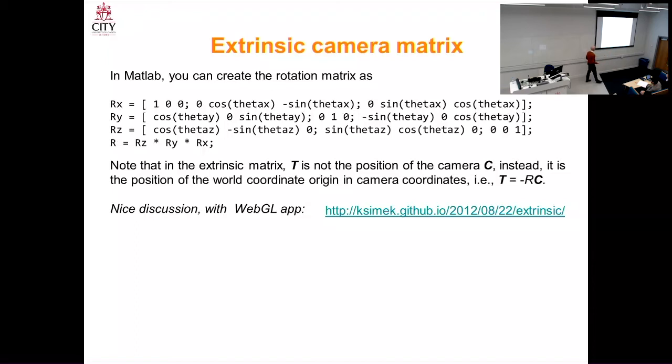Okay. So if you want to, you can check out this link. It's really cool. Somebody made a WebGL page where they've got these Java applets, and you can kind of play around with the extrinsic matrix and see what happens as you start manipulating the parameters that are in the matrix itself, like the rotation components and the translation components.